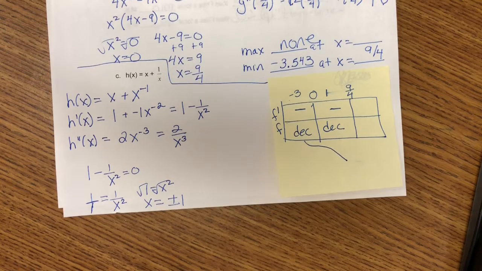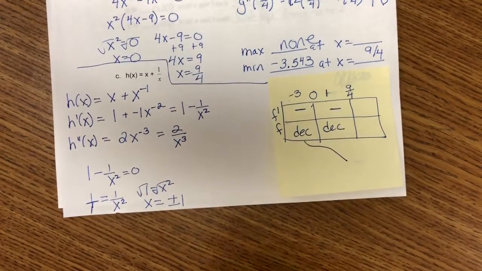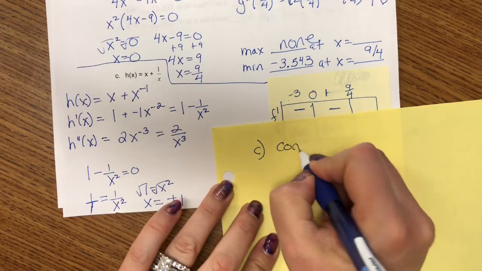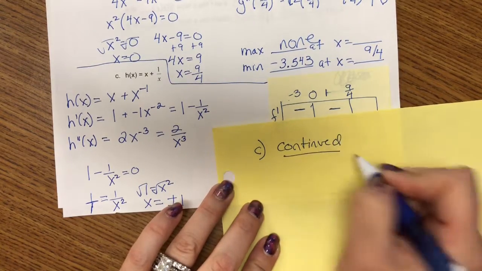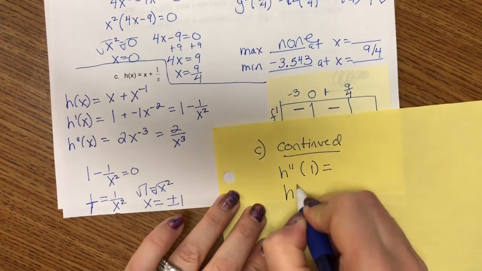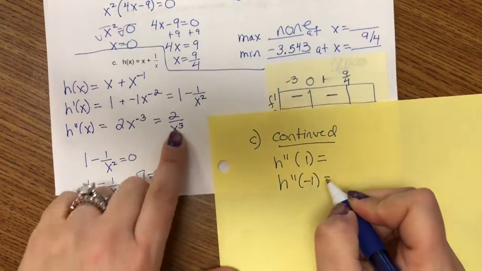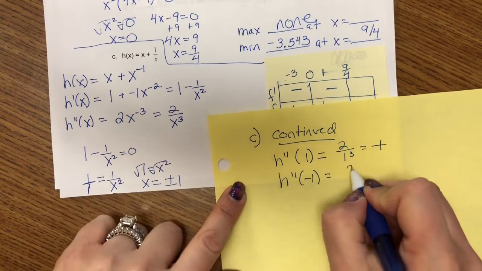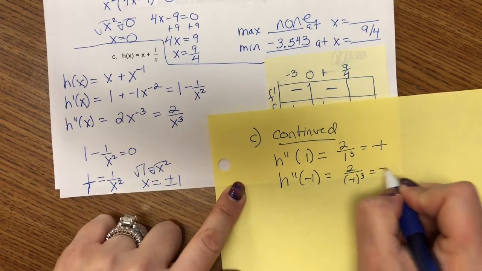So let me dig up another piece of paper. We're going to test our values in the second derivative. So this is c continued. So h double prime of 1 and h double prime of negative 1. So we get 2 over 1 to the third is positive, 2 over negative 1 to the third is negative.